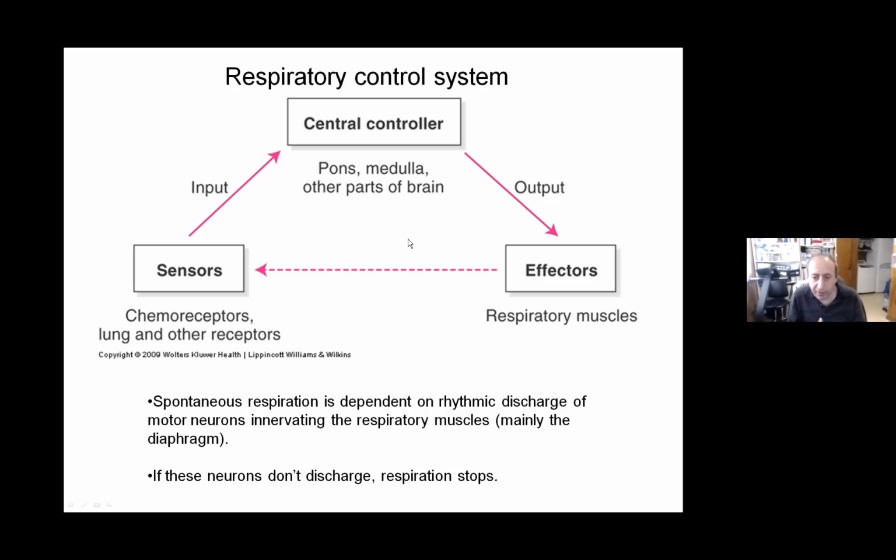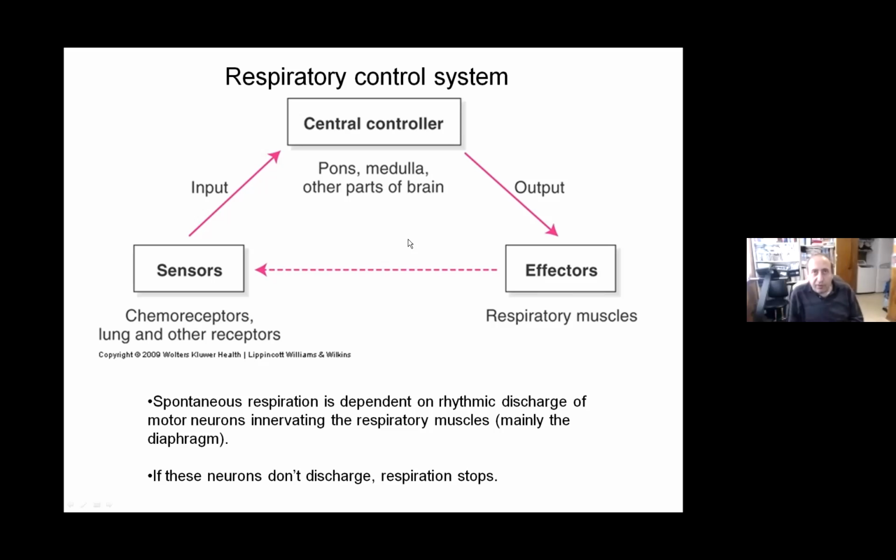For example, if you climb a stair or do exercise, you need additional oxygen in the blood, so you try to breathe at a higher rate. The effectors are the muscles in between the ribs and the diaphragm.